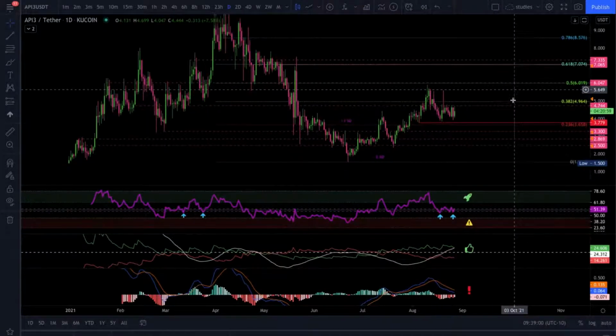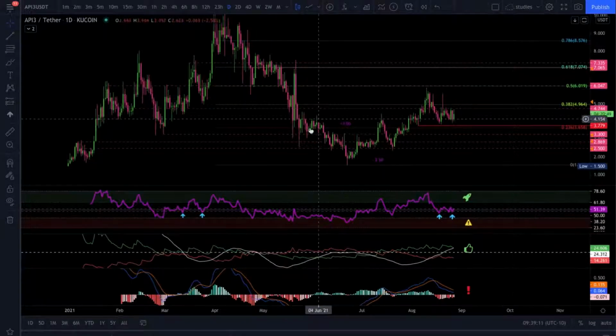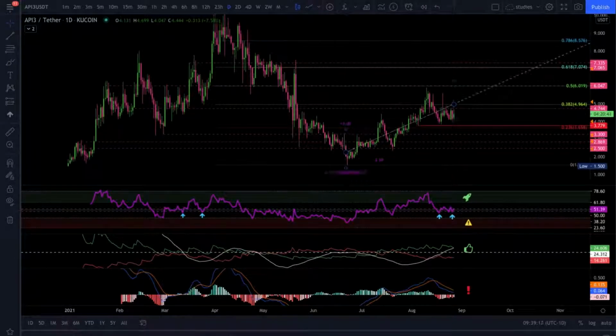But I tend to use linear regression channels a lot, simply because I think they're statistically significant and they make sense to me. Rather than just drawing and connecting lines, I like to use linear regression channels, which would be this here. I can go into a little bit on how that is done. Let me get rid of this text as well.